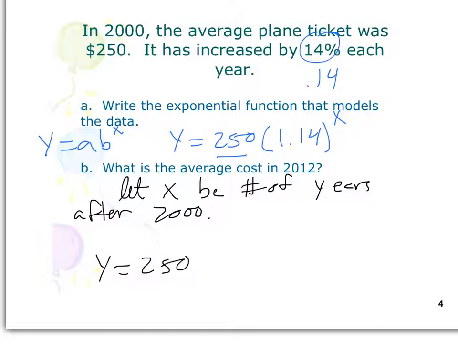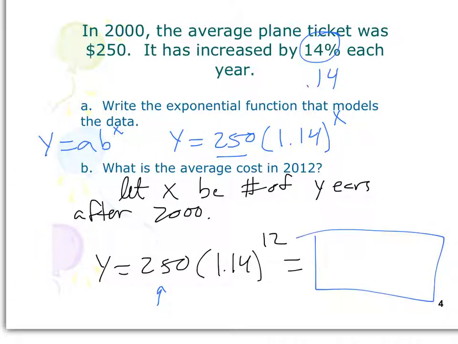Instead, I'm going to say 250 times 1.14 raised to the 12th power, because the way I've set this up, if I put in x equals 0, anything to the 0 power would be 1, and I'd just be left over with the starting amount. So here I would evaluate at x equals 12. Whatever I get, you go ahead and crunch those numbers. I think it ends up being over 1,000, just as a ballpark for what you should be expecting.